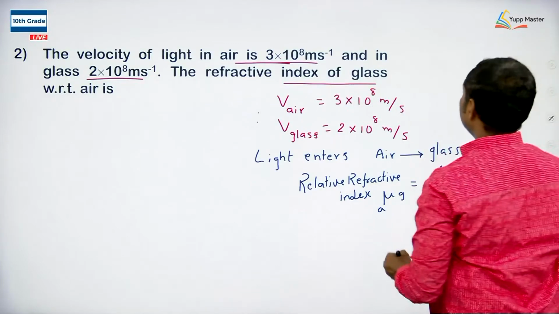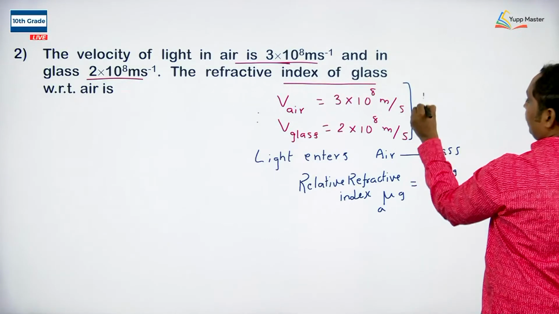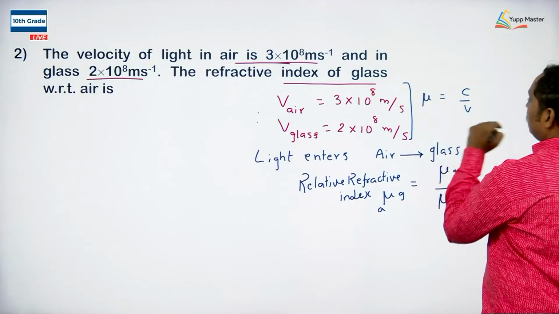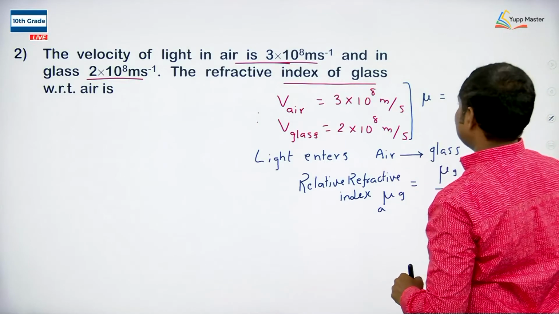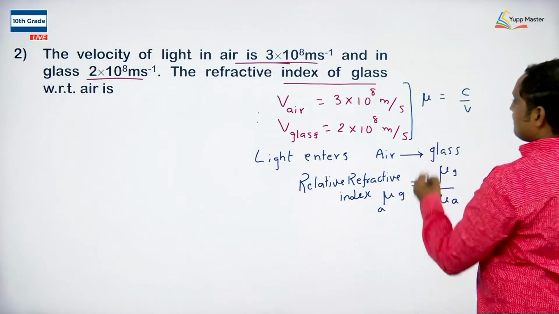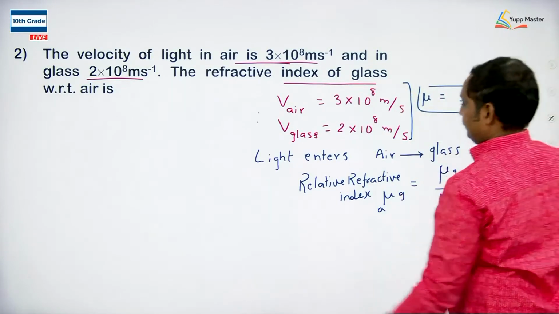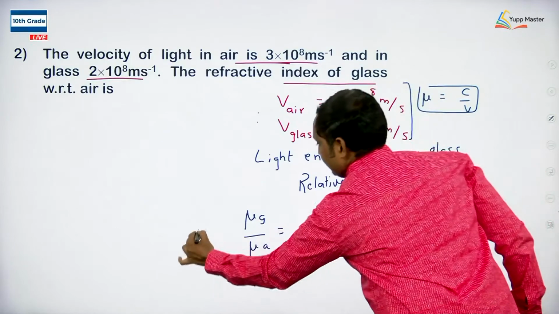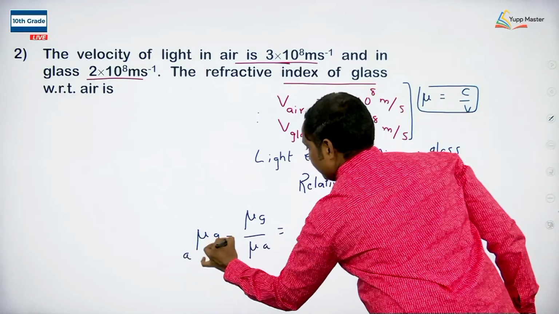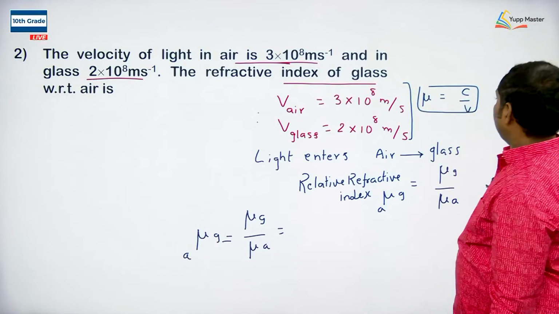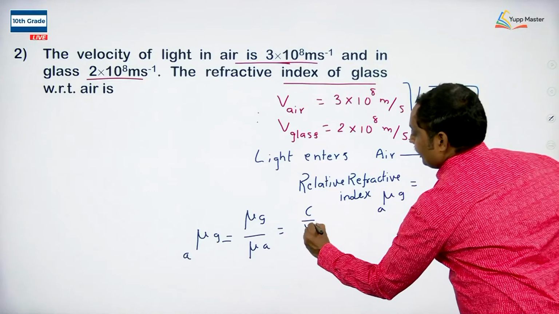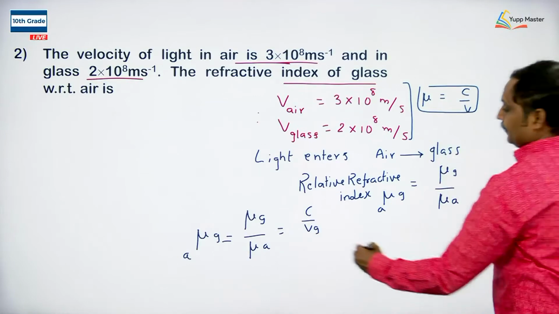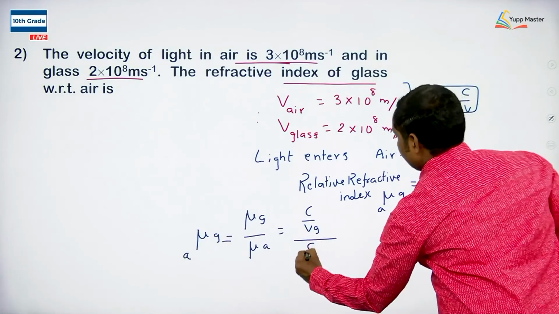You know one general relation, mu is equal to C by V. Now, we will take mu g by mu a, that is equal to C by Vg whole divided by C by Va.